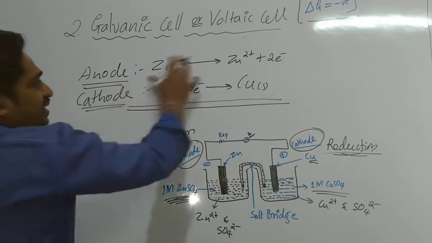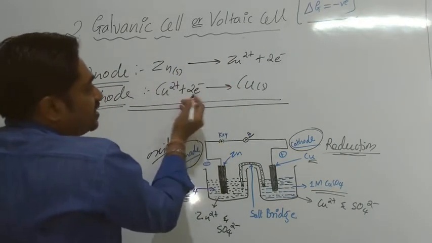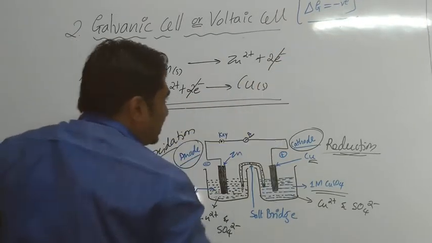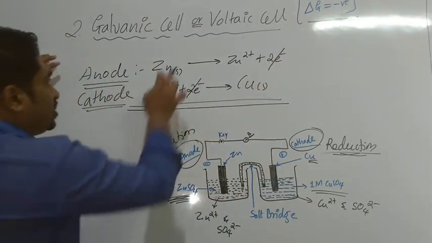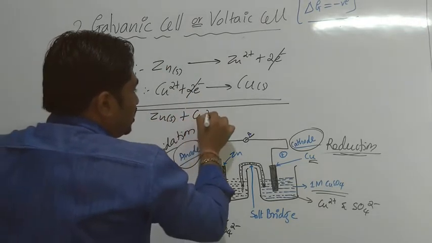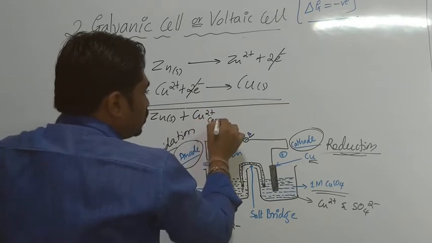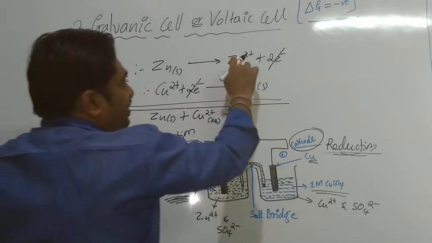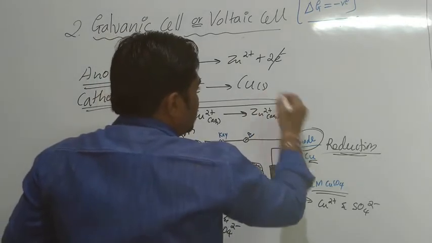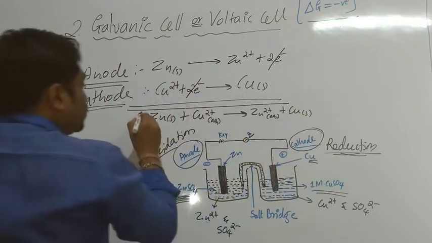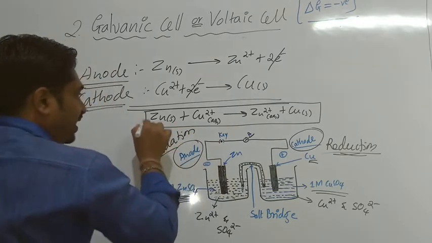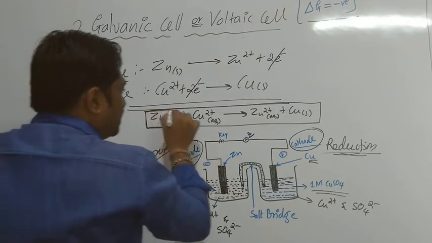The 2 electrons on the left side and the 2 electrons on the right side cancel out, and what remains? Zn plus Cu2+ in aqueous solution gives Zn2+ plus Cu.